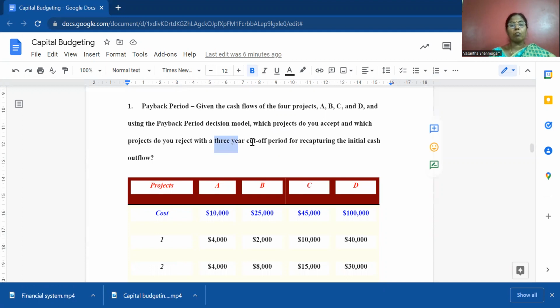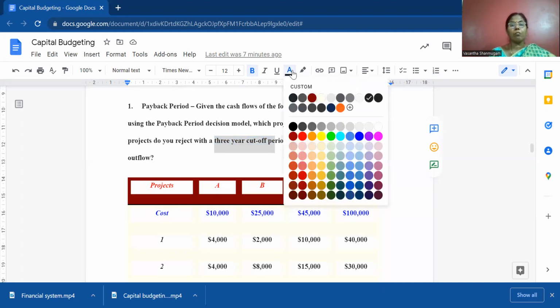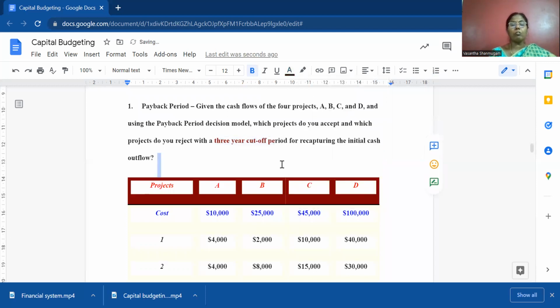In this question, it is clearly given that the project should meet the cutoff rate. So any project which is equal to 3 years or less than 3 years can be accepted. That is, the project which gives a payback period of 3 years or less can be accepted.